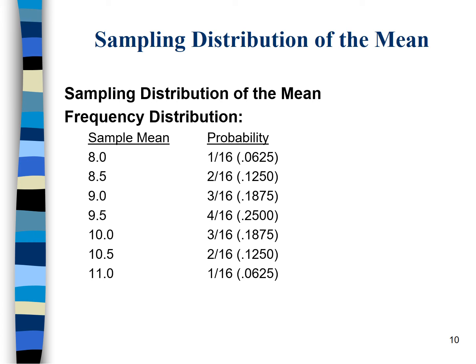So there was only one of the 16 samples that had a mean of 8. There were 2 of the 16 samples that had a mean of 8.5. There were 3 of the 16 samples that had a mean of 9.0.